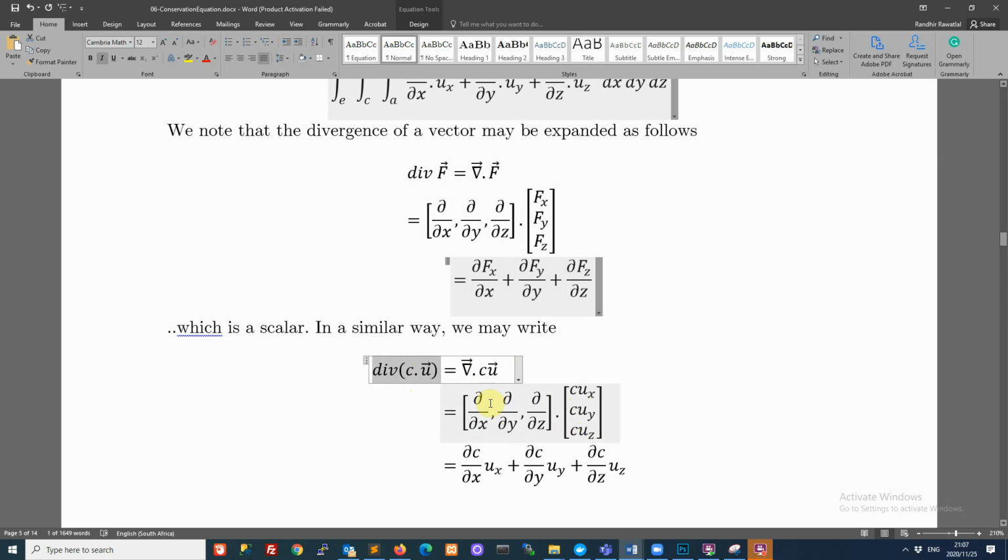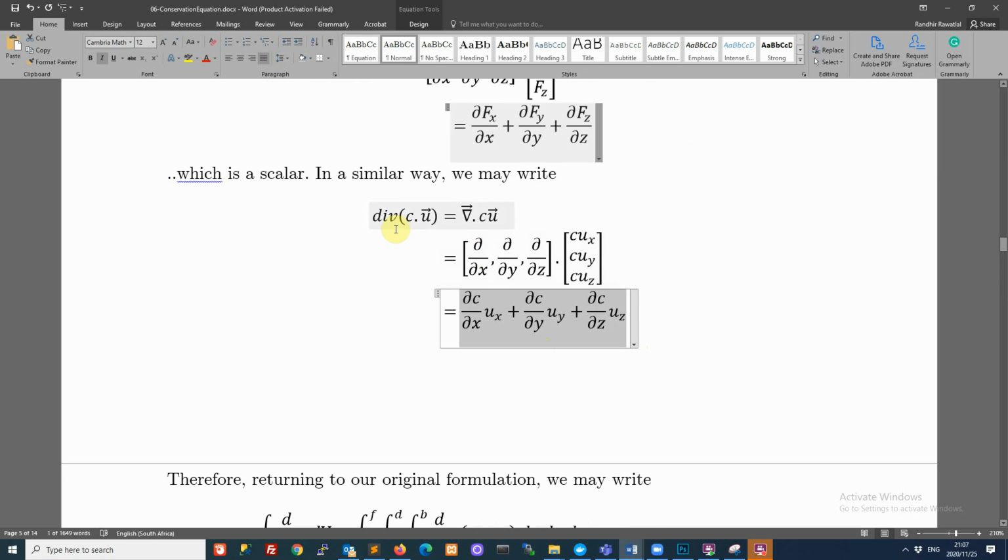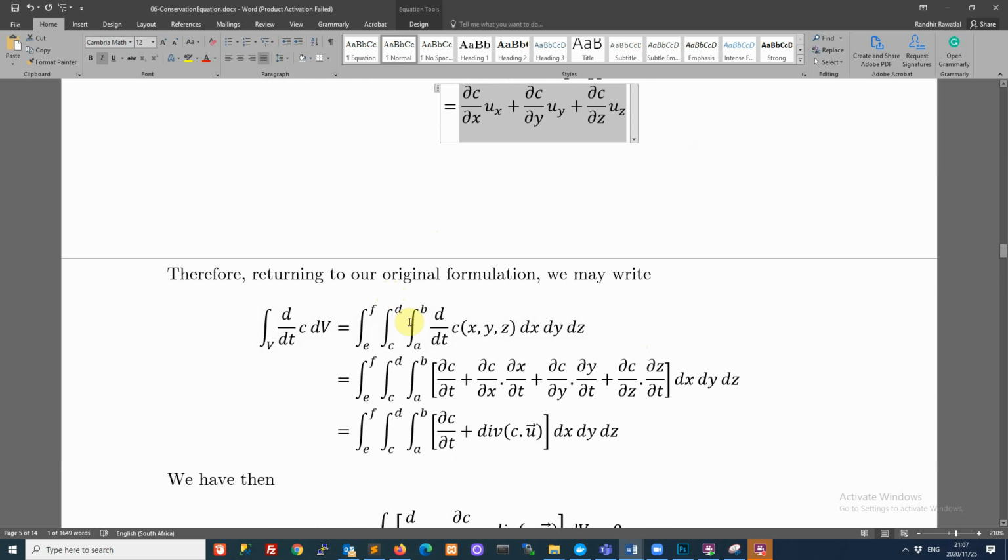And so if you do this multiplication, so it's this row multiplied with this column, then it's ∂/∂x of cux and ∂/∂y of cuy and so on. So we get this form like so. So that means in the equation that we've written here, we can replace all these terms by the divergence of cu. Right, so we go back to the original form that we had.